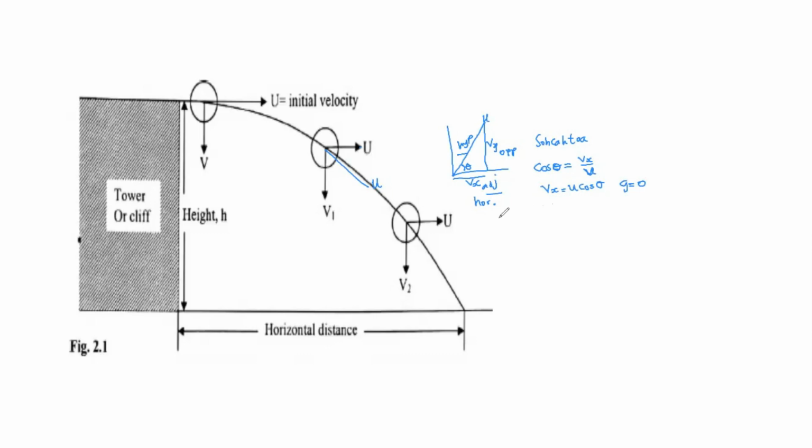So for the vertical component, I'll be considering opposite and hypotenuse. So that is sine. So I'll be having sine theta equals opposite, which is Vy, over hypotenuse, which is U. So basically Vy in this category will give me U sine theta.